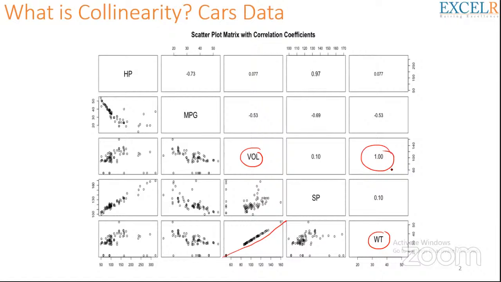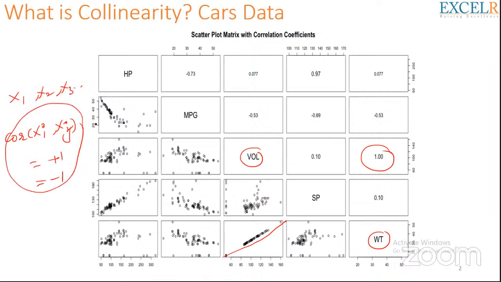That means for any of the independent variables x1, x2, x3 and so on, if the correlation between i and j is perfect, 1 or -1, if it is positive 1 or negative 1, then these independent variables would create a problem called collinearity or multicollinearity.